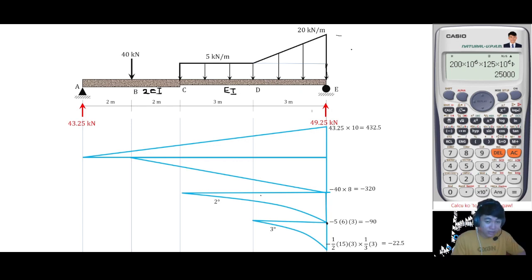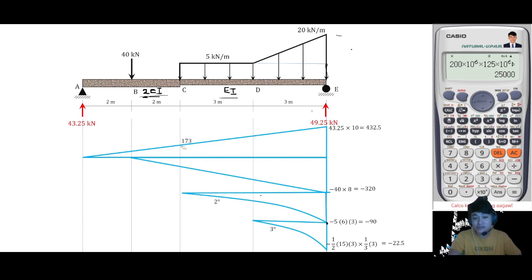Now, if you have a non-uniform or non-prismatic beam, make sure to generalize first the value of EI, since we have different values of EI from A to C and C to E. So what we are going to do, since we have here a factor of 2 on your EI, all you have to do is divide this line or this varying intensity by 2. Okay? So we have to identify this height so that we can divide it by 2.